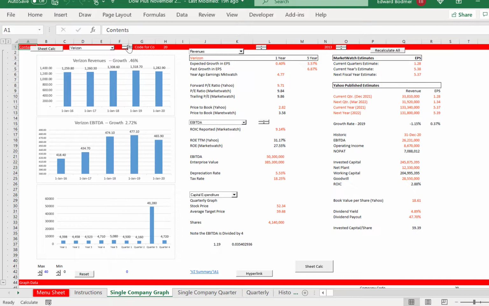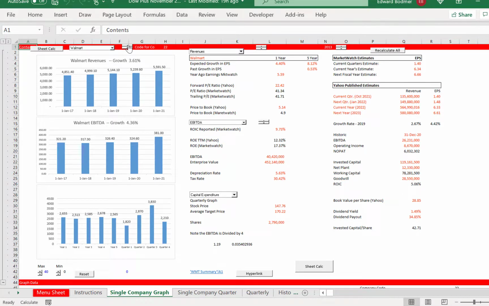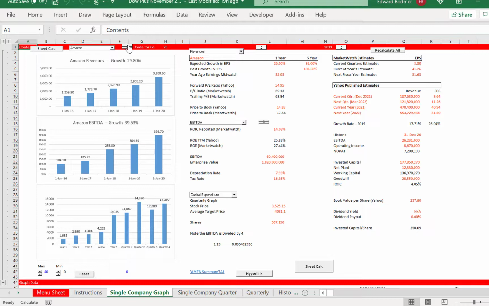Why they're in the Dow, I don't know. Verizon, the same sort of trend. Very limited growth in EBITDA until, of course, you get to Amazon and revenues 29%, EBITDA even higher, and CapEx have really gone up by a lot.